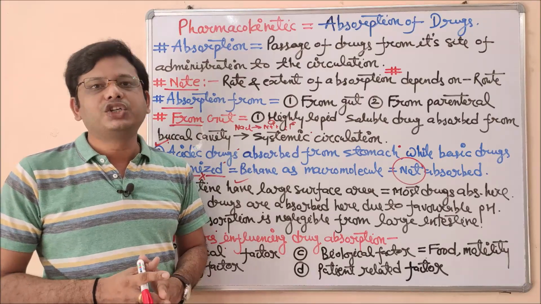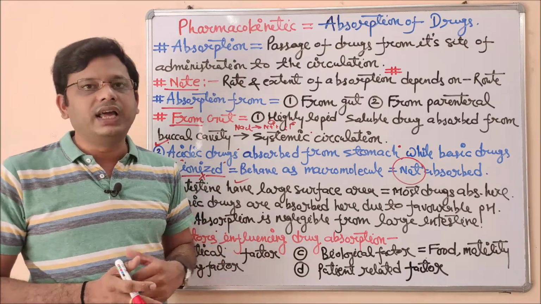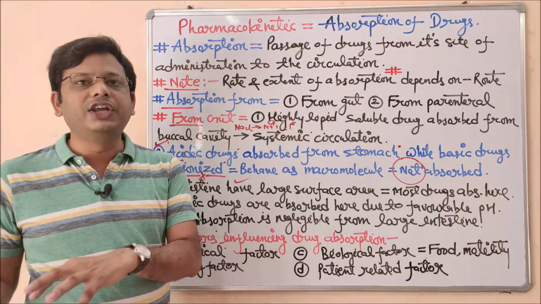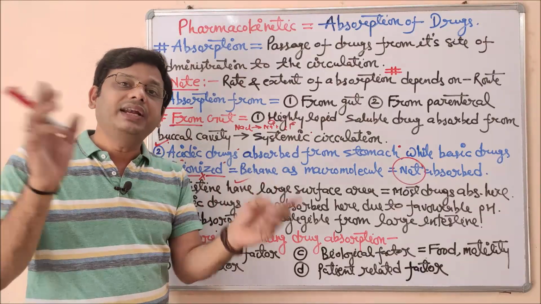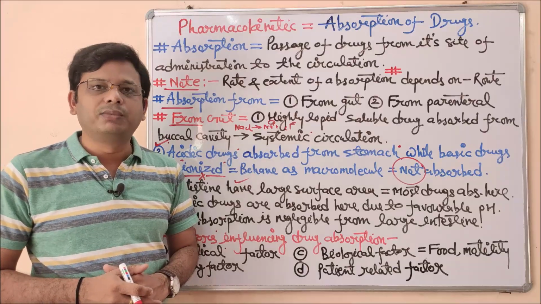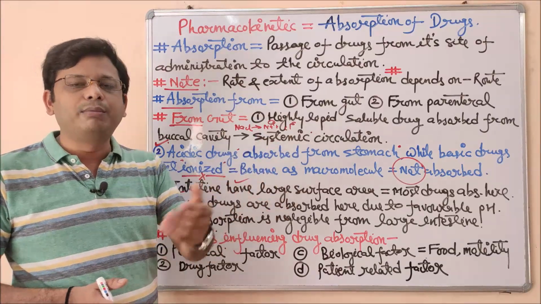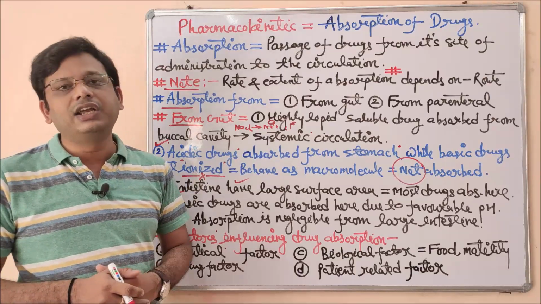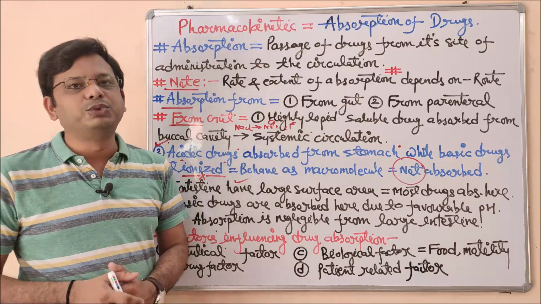If my psychic condition is not good, that may also affect the absorption of the drug. If I have different kinds of abnormality or some genetic defect, that may directly or indirectly affect the action of the drug, like in the case of idiosyncrasy we discussed in an earlier topic. So all these parameters are very important, and will directly or indirectly affect the absorption of the drug.